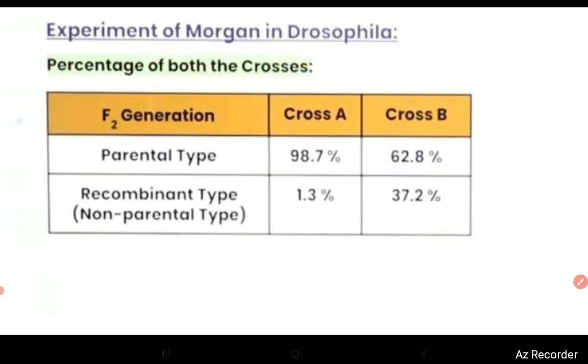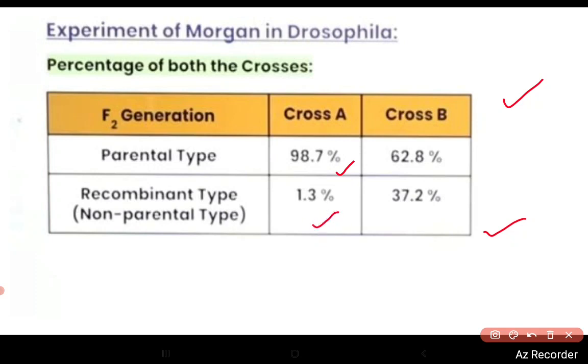So what are our results? The parental types in cross A were 98.7%, and the recombinants were only 1.3%.